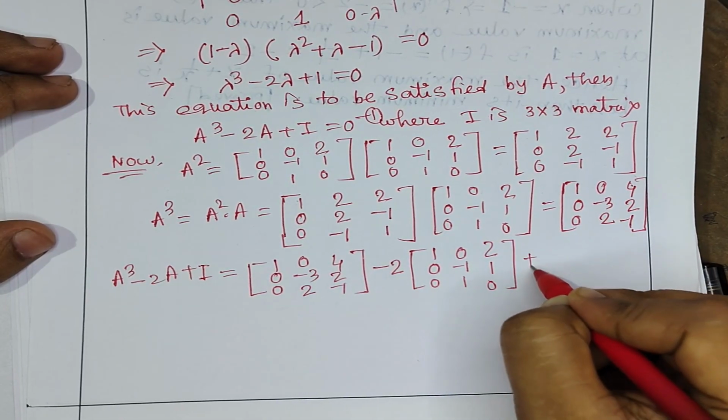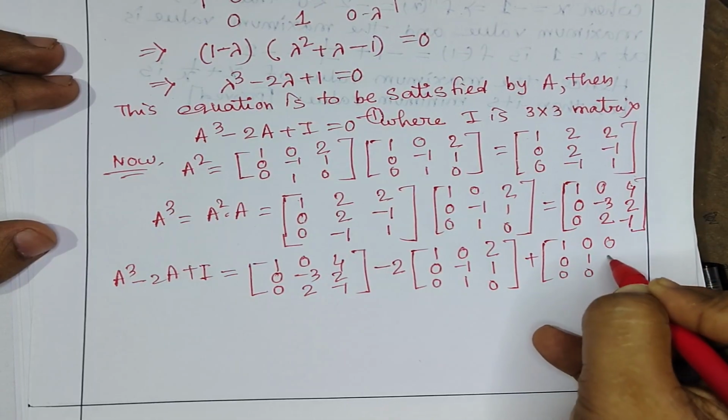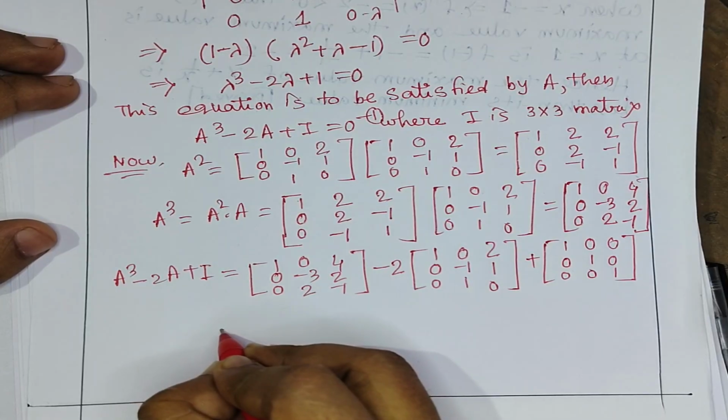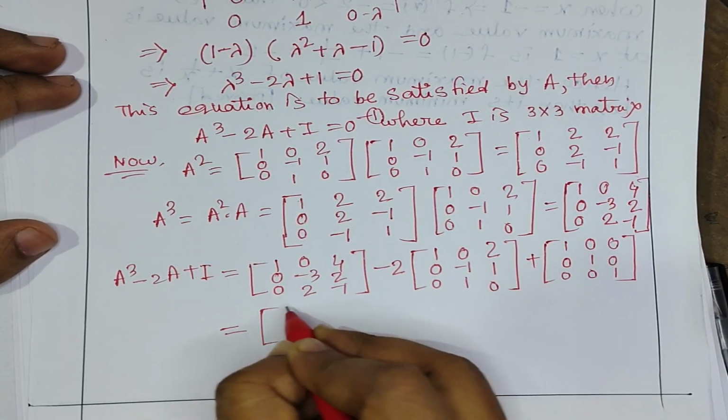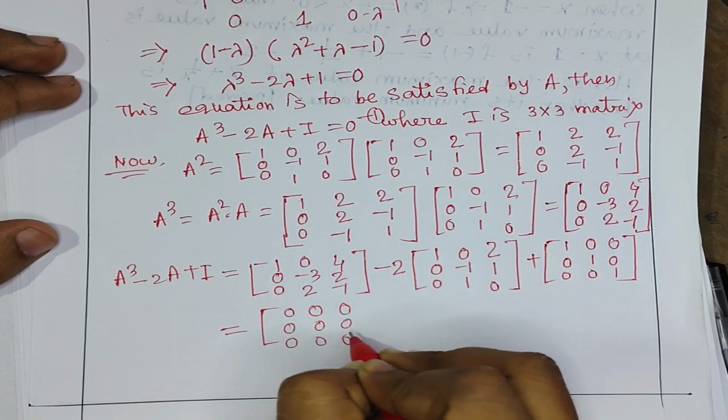And what is I? I is a 3 cross 3 identity matrix [1 0 0; 0 1 0; 0 0 1]. And we can simply solve it, and we can easily find that this is the zero matrix [0 0 0; 0 0 0; 0 0 0].